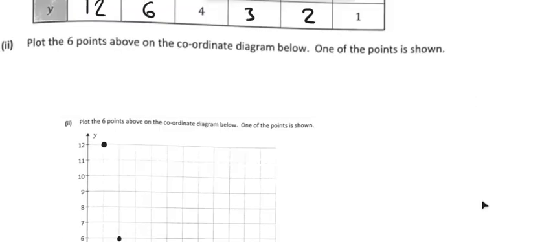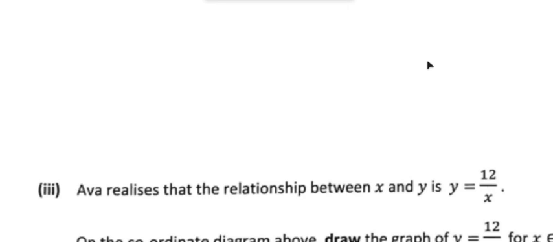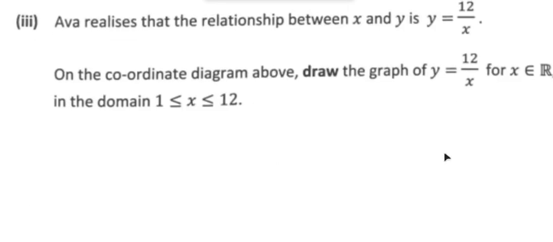Then 6, 2 is here. And then 12, 1 is here. We've got them all there. 1, 2, 3, 4, 5, 6. Yes, that should be it. That's all you have to do. They're nice, easy marks. They're marks everybody would have got, or almost everybody.